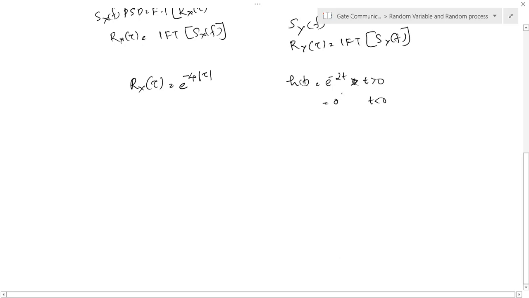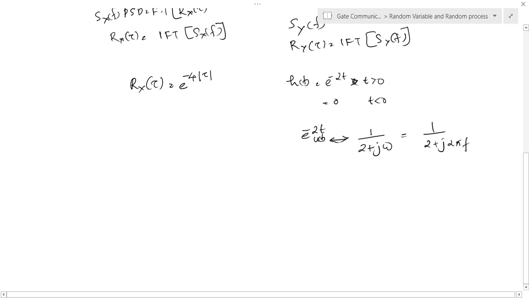If you find the Fourier transform of this particular signal, e raised to minus 2t times u of t, we can write it as 1 by 2 plus j omega, or in terms of f, 1 by 2 plus j 2 pi f.